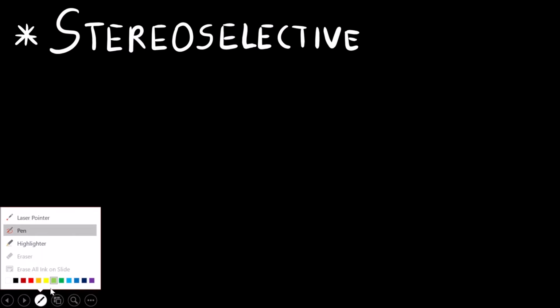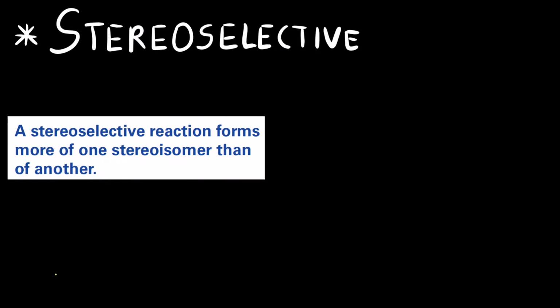First is stereoselective. So what is a stereoselective reaction? A stereoselective reaction forms more of one stereoisomer than of another.